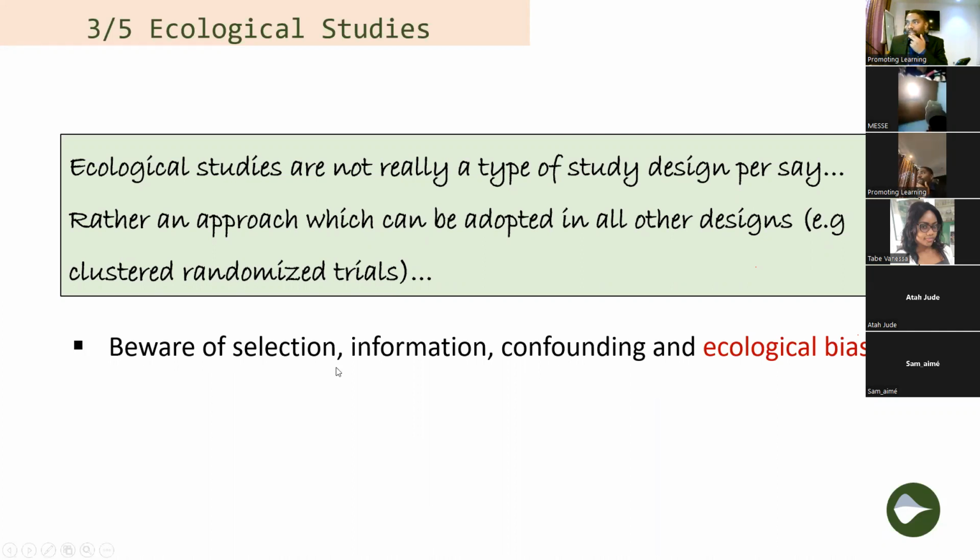Now, beware of selection, information, confounding, and this new type of bias called ecological bias. Ecological bias is when your unit of observation is districts in Yaoundé, and your study talks about districts in Yaoundé, but then the person concludes on individuals in Yaoundé or individuals in Cameroon.